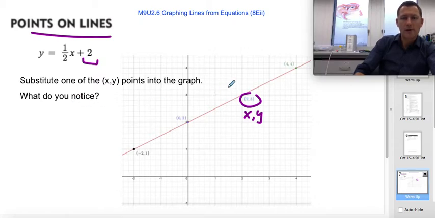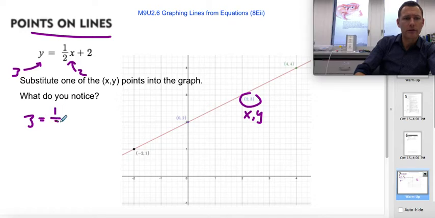If you put the x value 2 in here, and you put the y value in as 3, you should get a true statement. You should get 3 if into the equation I put a half multiplied by the x value, which is 2, and add 2. Half times 2 is 1, plus 2, that's 3 equals 3.